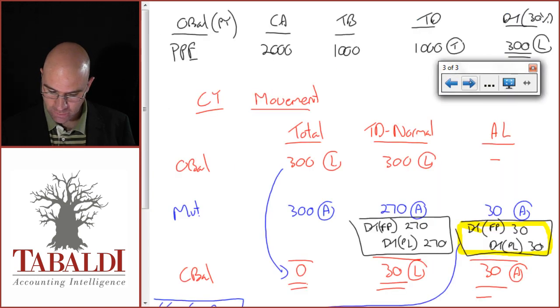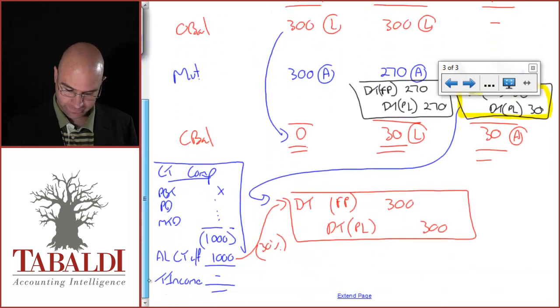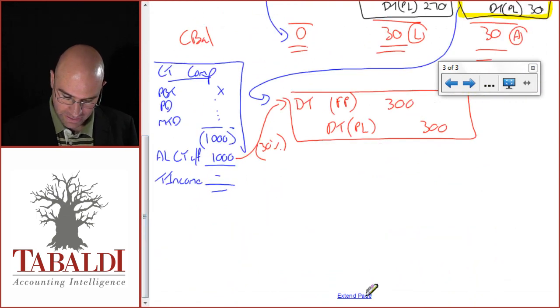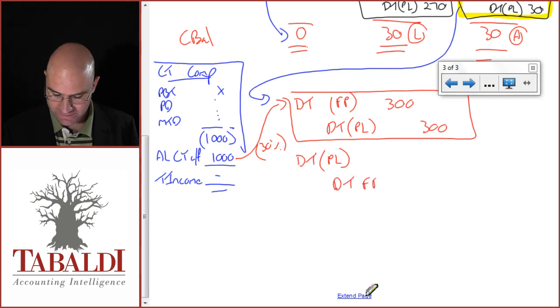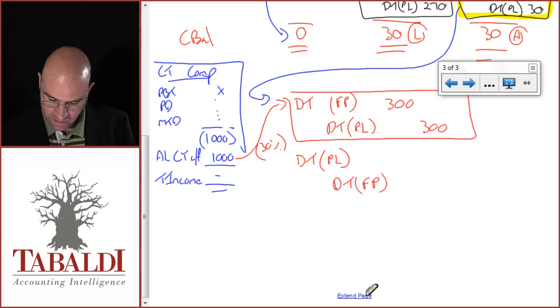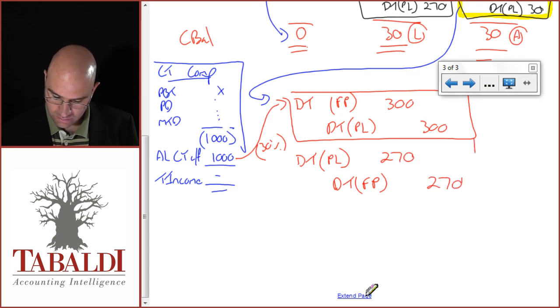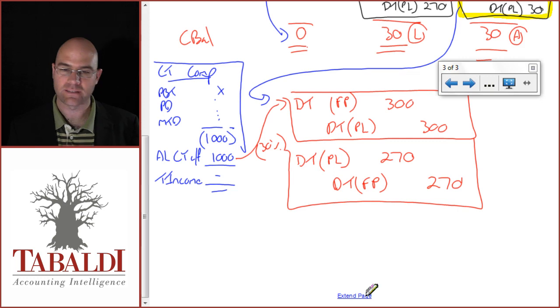Therefore, I would have a separate journal for that. And that second journal would be debit deferred tax, profit and loss, credit deferred tax, financial position, and I would derecognize 270 Rand of that deferred tax asset.